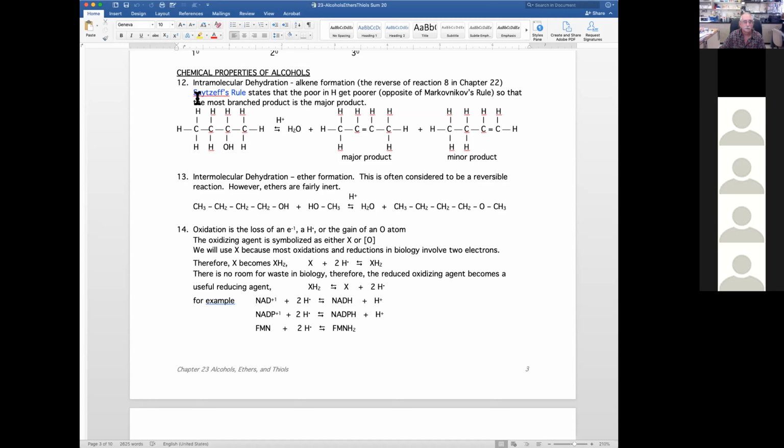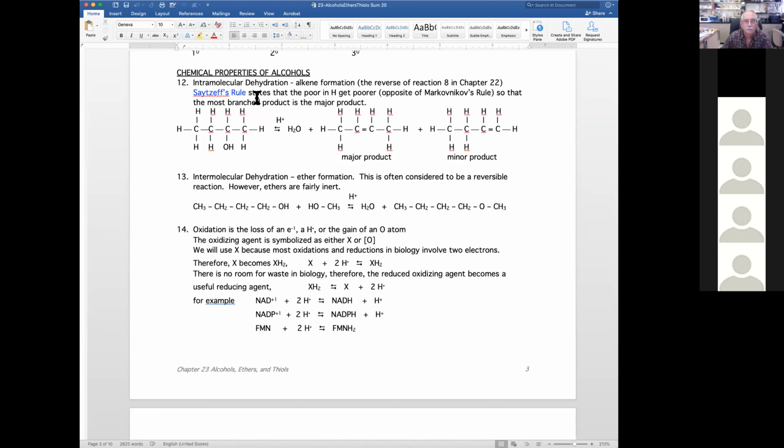Well, Zaitsev's rule states that the poor in hydrogen get poorer. It's really the opposite of Markovnikov's rule. What you're really doing, that gives it extra stability, is that the most branched product will be more stable. That's because of what happens in the transition state.